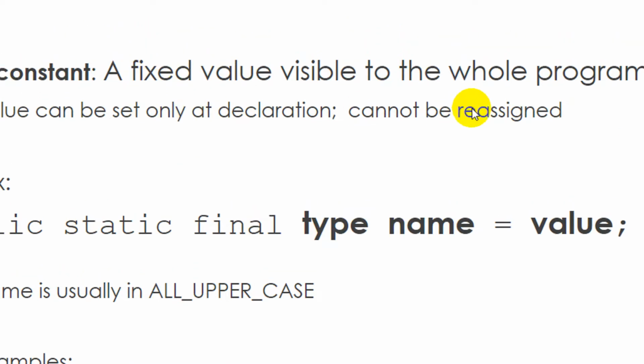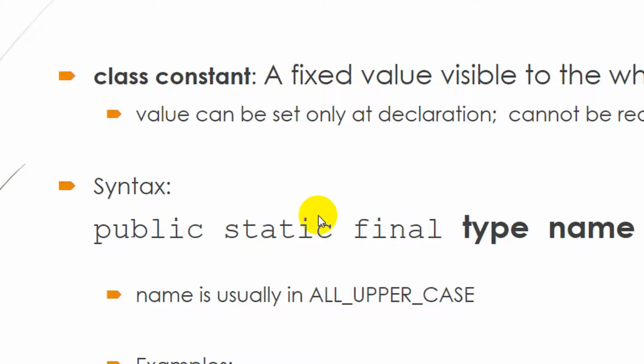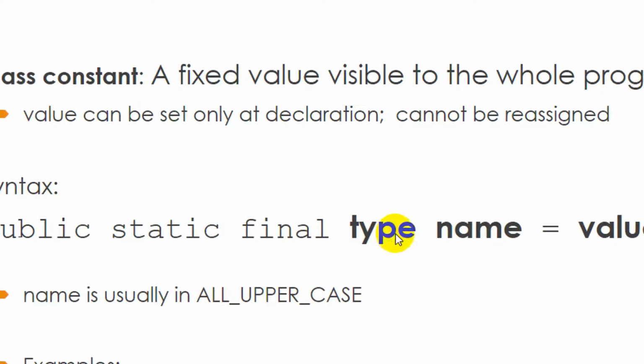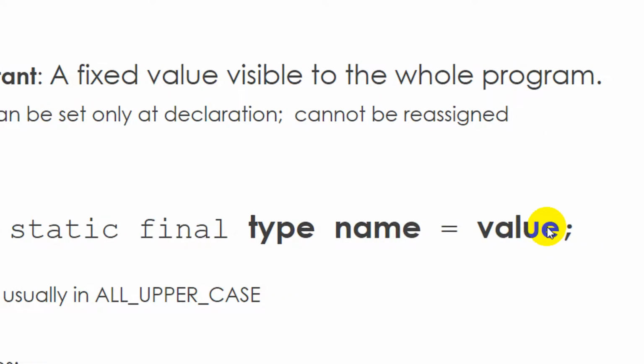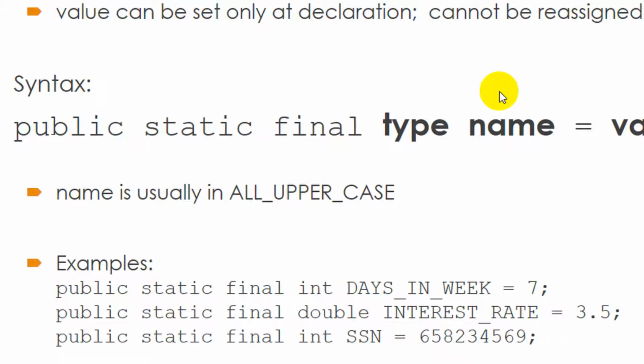So a fixed value visible to the whole program, and it cannot be reassigned or updated. Whenever you type public static final, whenever you put a final keyword, the data type, the variable name, and the value, then you cannot change this value throughout the execution of your Java program. As soon as you put final, it will not allow you to update this value inside your Java program. This is what we refer to as a class constant.